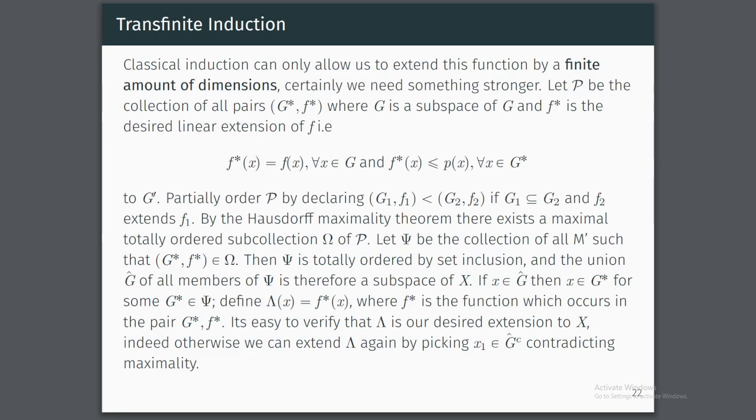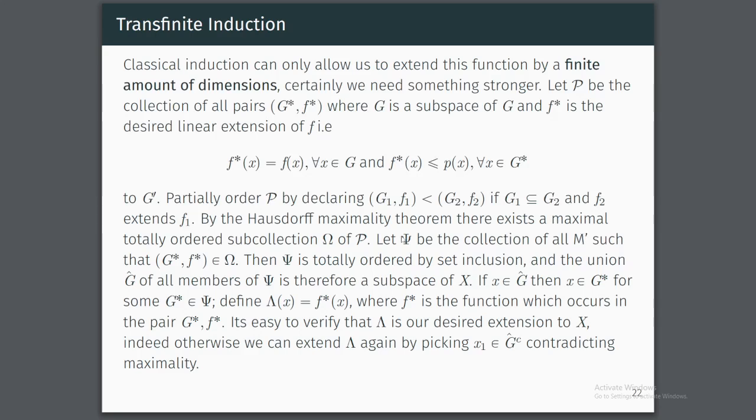Because we have a partial order, the Hausdorff maximality principle tells us there exists a maximal totally ordered subcollection of P. Okay? So because we have this totally ordered subcollection, if we take the union of all, just a second, this should be G star, by the way, sorry.